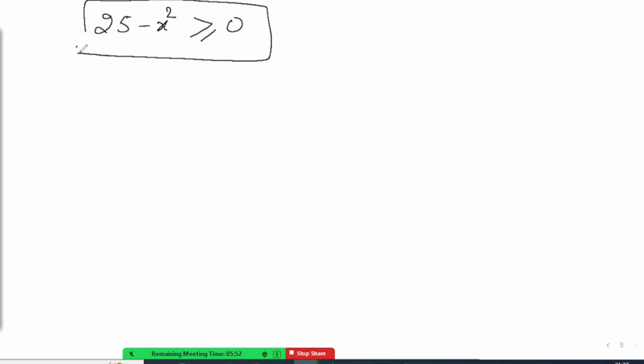See, what you have to do: 25 minus x square should be greater than or equal to 0. For a quadratic inequality, first step number 1, first find the roots, or you can say first find 25 minus x square equals to 0. You can say it's the boundary.